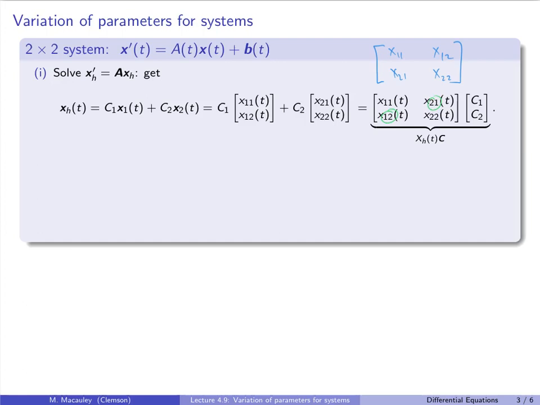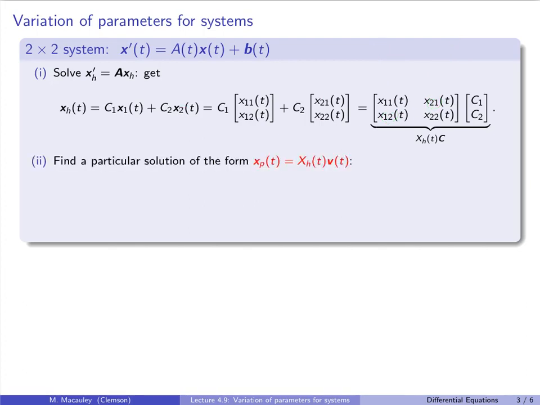So some books might call this matrix something like xh transpose, which is what you get when you swap these two entries, but I'm just going to call this xh. So this matrix is going to be xh, and it's a little bit unusual to have this ordering of the indices. But I think it's important because it comes from this vector being the entries for x1 and these entries coming from x2.